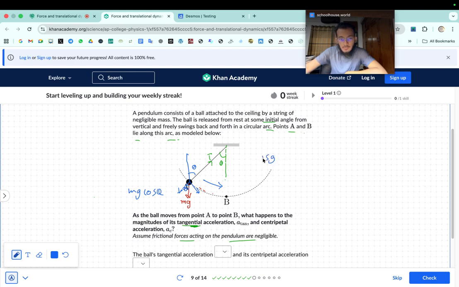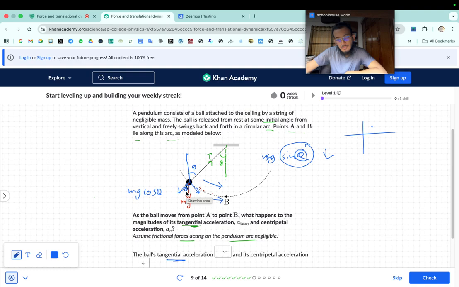So the one opposite to tension is mg cos theta, and the one acting in this direction is mg sin theta. So as we move closer to B, theta gets reduced, and we know that for sine, if theta gets reduced, sin theta decreases. So the tangential acceleration, theta is getting smaller, coming closer to 0.